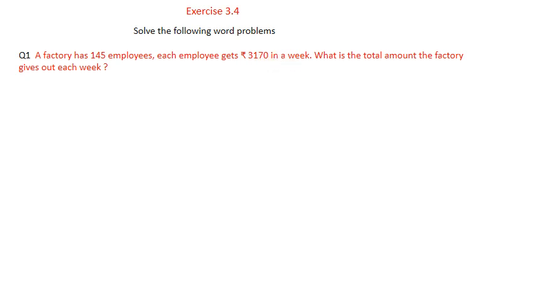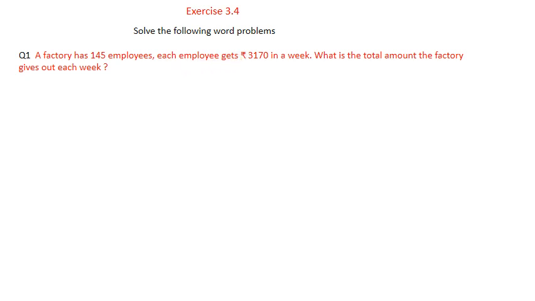What is the total amount the factory gives out each week? Now when they have asked the total amount the factory gives out each week, it means in each week one employee is getting 3170 rupees and we want to find out about 145 employees. When you know the amount for each employee, at that time you are supposed to multiply.